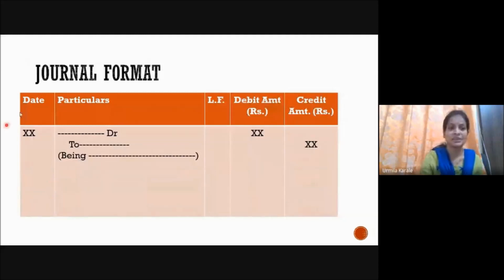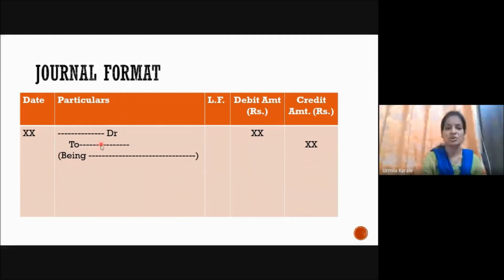Now I can see here you'll be writing the date on which the transaction has taken place. Then whatever account has got the debit effect, that account we will write first, then we'll write DR for debit. Then the account which got credited, we are going to write on the next line, with some amount of space here.